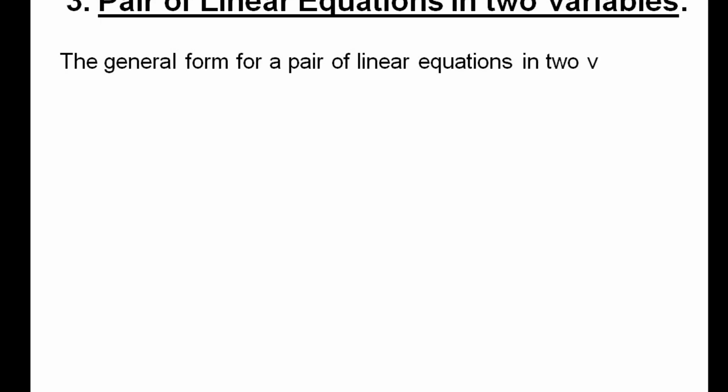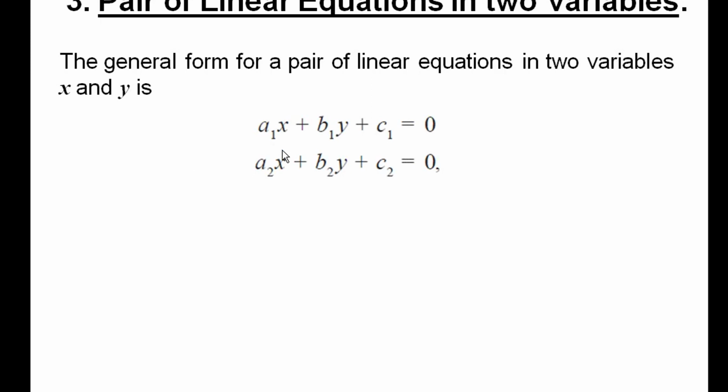The general form of a pair of linear equations in two variables is given as follows. The variables are x and y, and the pair of equations is a1x + b1y + c1 = 0, where in this first equation a1 is the coefficient of x, b1 is the coefficient of y, and c1 is the constant term.